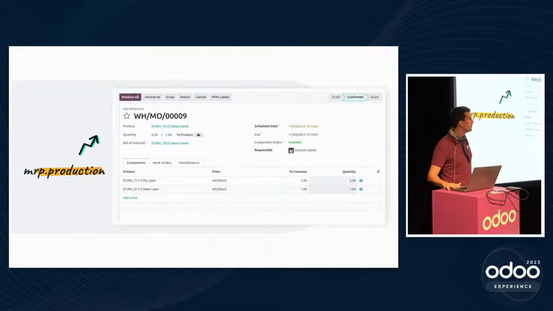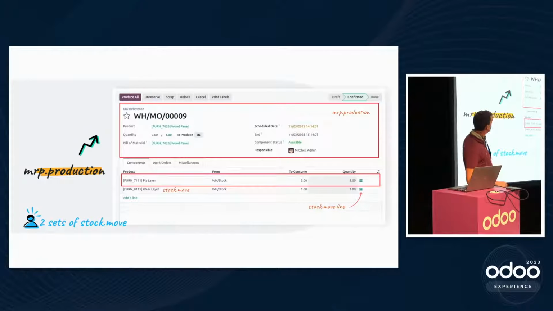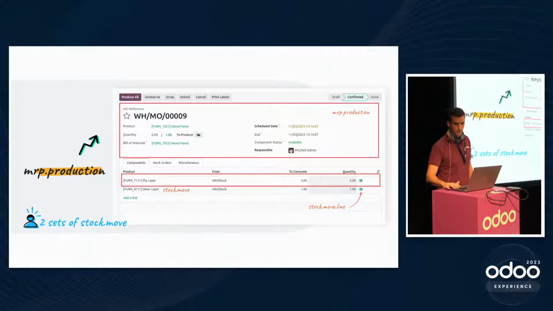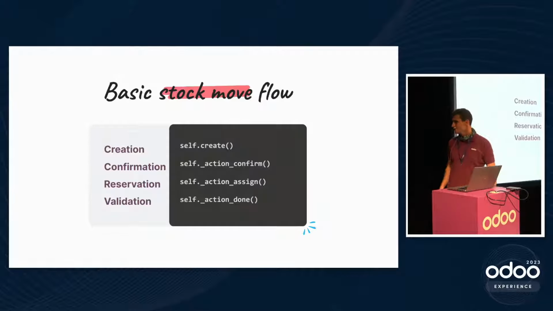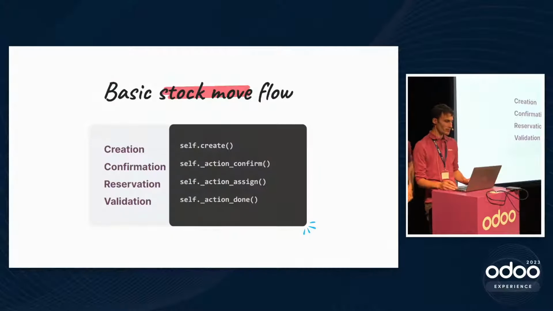And if you go on the view, that's the view of the manufacturing order. You can find the manufacturing information, and you again have the stock move and the stock move line. It's the same for repair, and that's all.